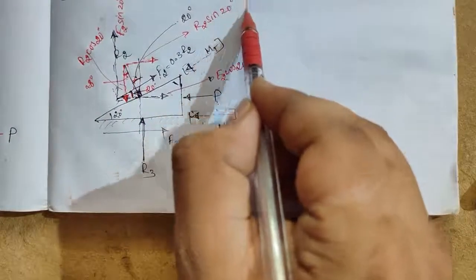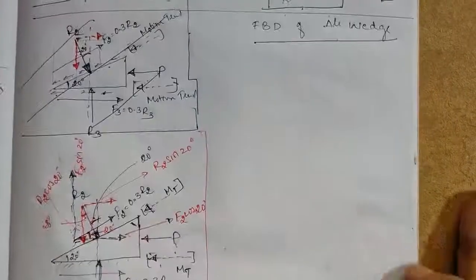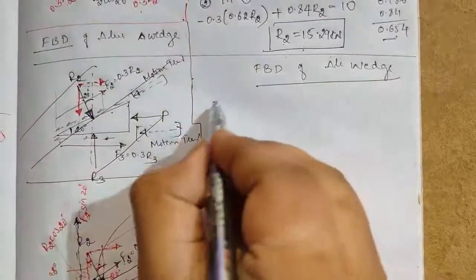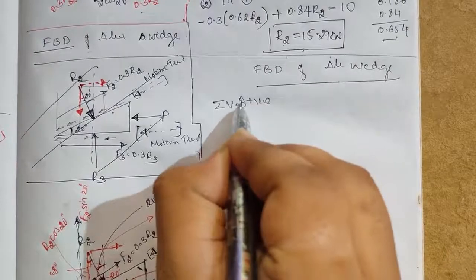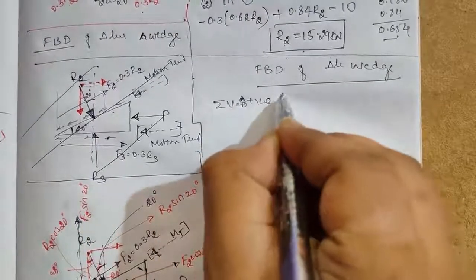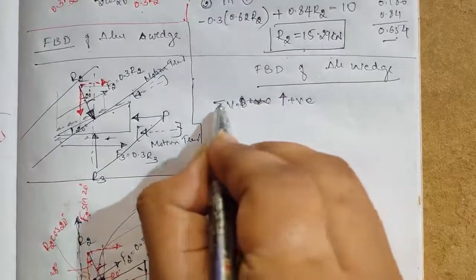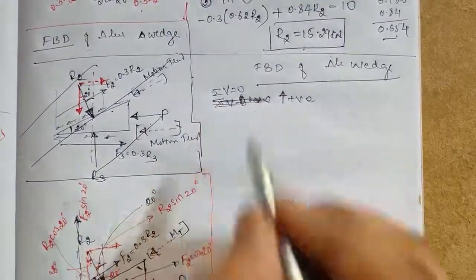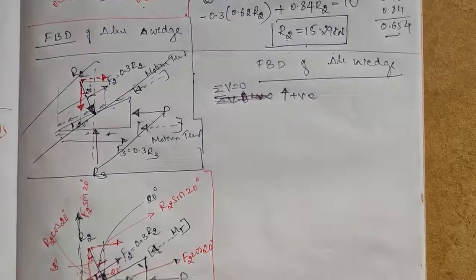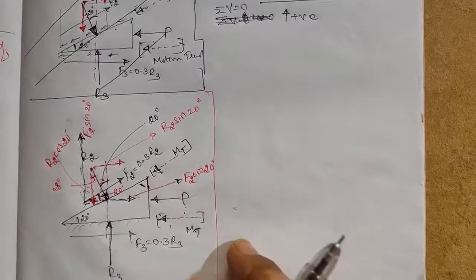Now after resolving, you just apply the equilibrium of forces. Summation of vertical forces equal to 0, taking upward as positive, right? Now see here, concentrate on only this.